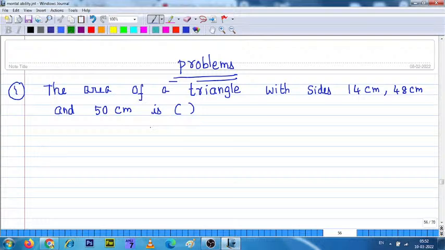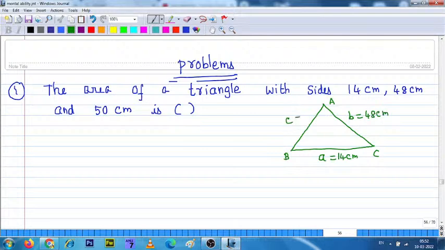రైట్, చూడండి, ఇప్పుడు మనం ఒక triangle తీసుకుందాము. Let us say this is ABC. So now A is equal to 14 centimeters, B is equal to 48 centimeters and C is equal to 50 centimeters.